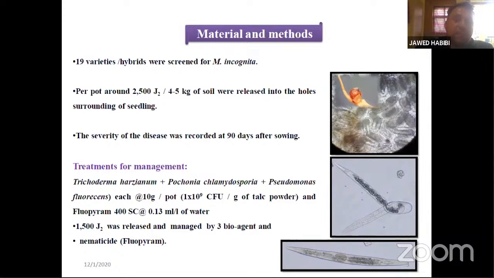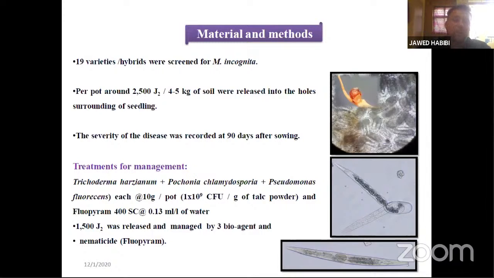After 15 days of transplanting the seedlings, I released 2,500 second-stage juveniles of root-knot nematode in the soil surrounding the seedlings. Then the severity of the disease was recorded after 90 days of sowing.